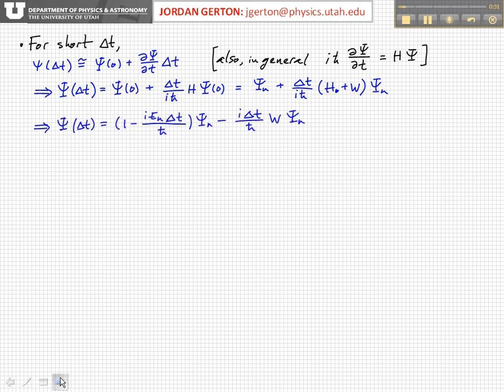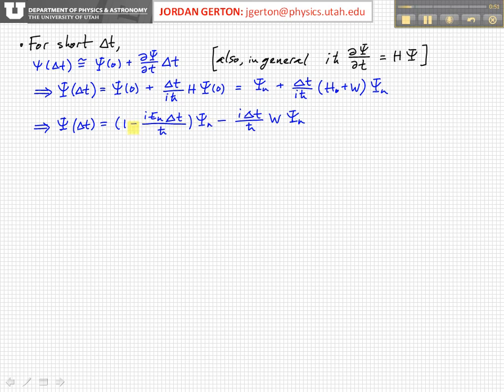Now if we look at this, H sub 0, the unperturbed Hamiltonian, acting on an eigenstate just gives you the energy E sub n, and so we factor out psi sub n.